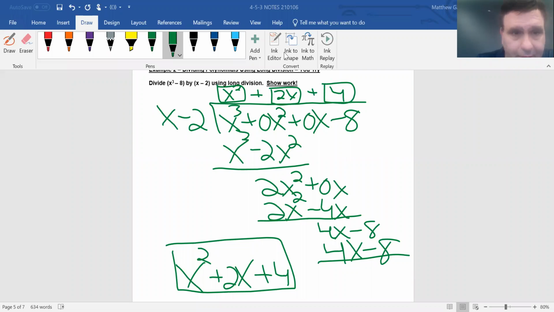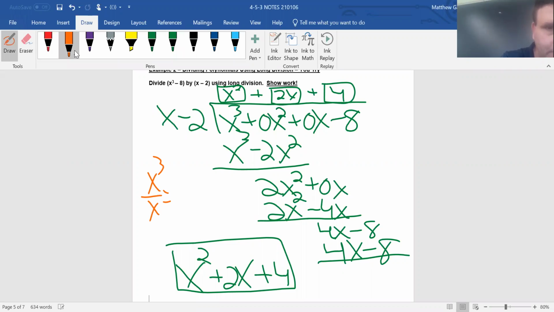So first of all, your answer should be x squared plus 2x plus 4. So we'll go through it. First of all, I took x cubed and divided it by x and got x squared. So that's what's here, okay? And then distribute x squared to x minus 2.